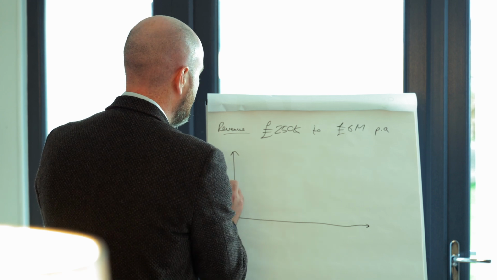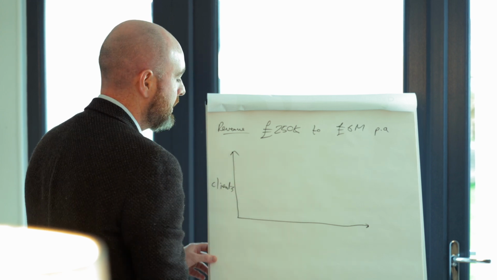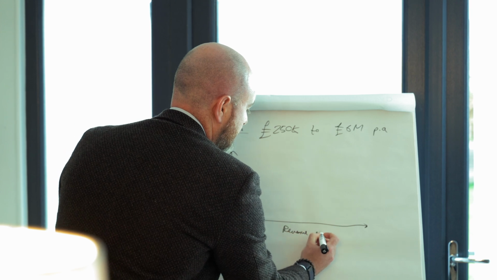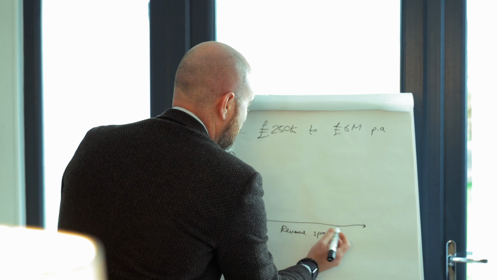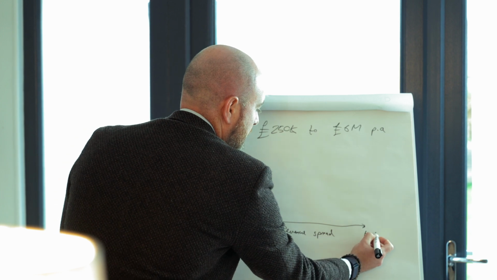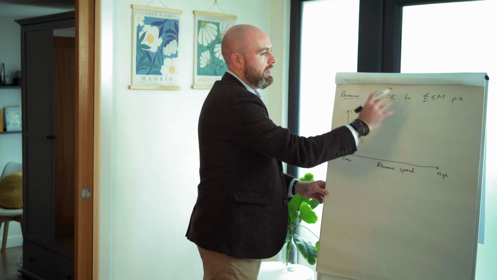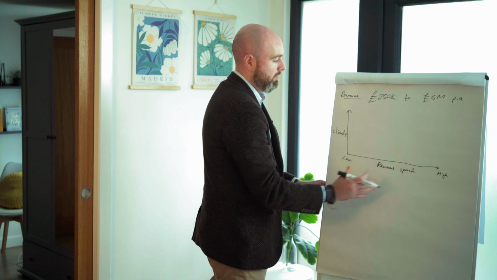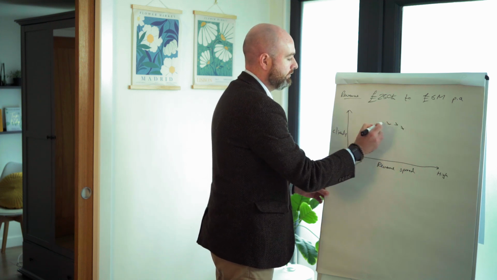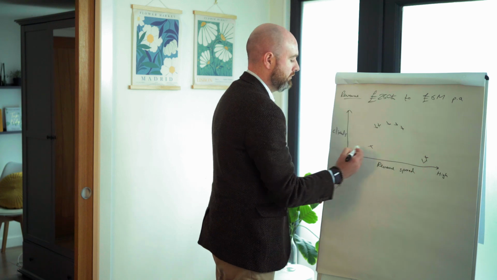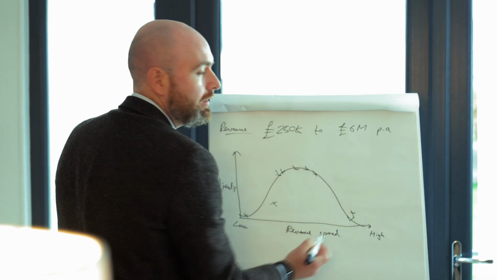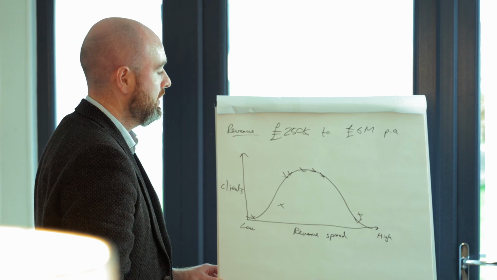You've just got clients on the y-axis, and then you've got revenue spread on the x-axis, and you've obviously got low here, high here. Now, if we plot out what this looks like, and we draw a trend line through it, it's going to be like a bell curve, yeah?